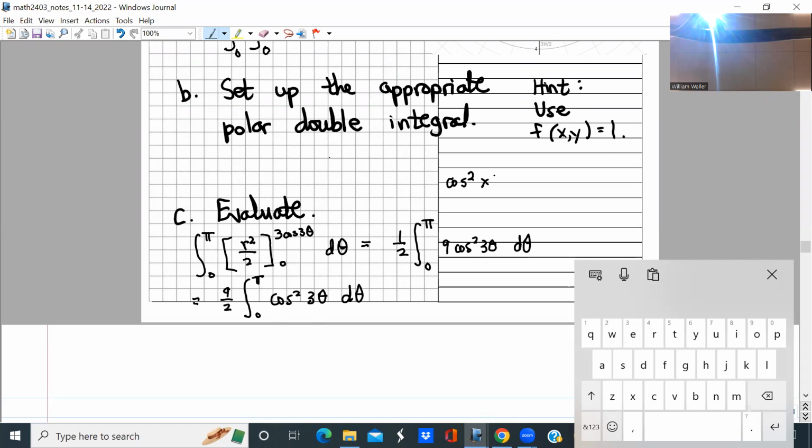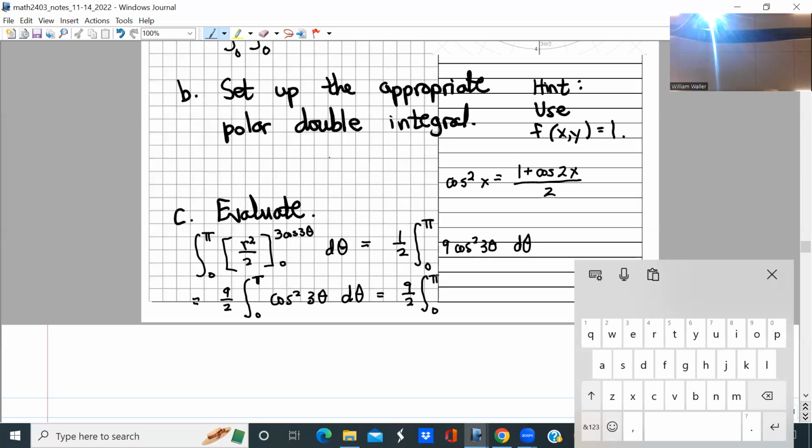If you have cosine squared x, that's 1 plus cosine of 2x over 2. So you can eliminate the square on that cosine. Now you still have some work to do there, but at least you won't have a cosine squared.